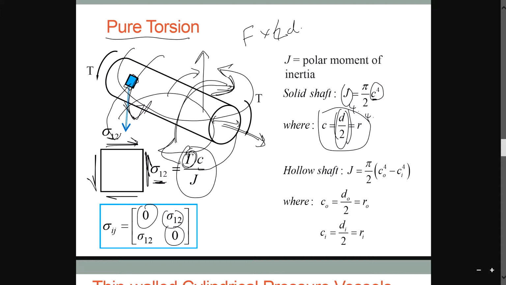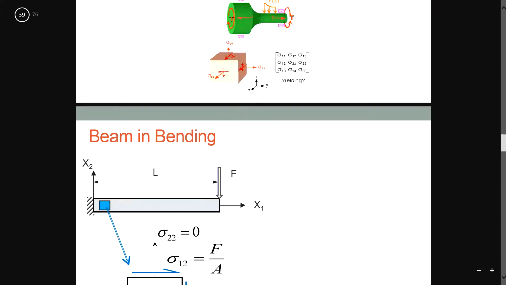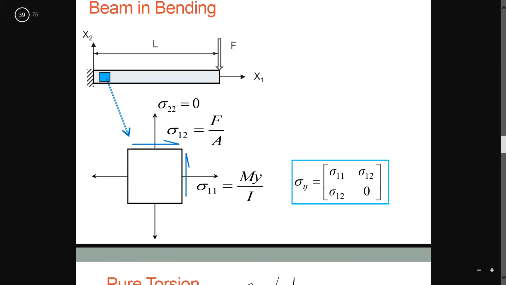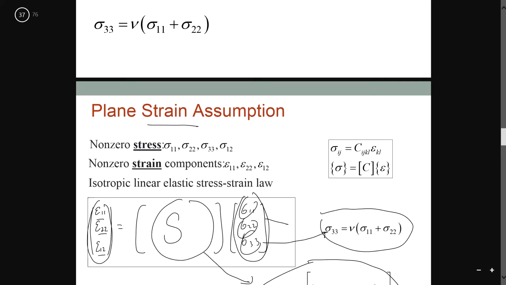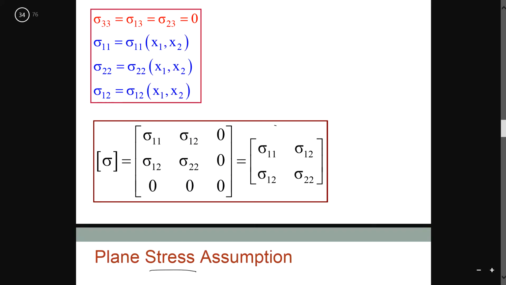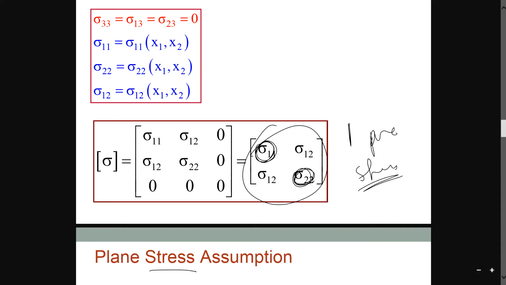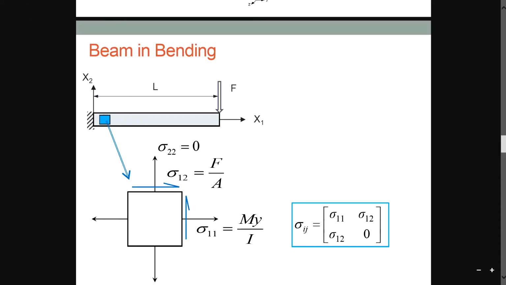Further reducing what we have done in the previous stress-strain stuff, that is the 2 by 2 stuff. If you remember, the 2 by 2, for example, you can actually reduce it to only one stress for pure torsion. You can reduce a beam in bending from its 2 by 2 matrix to 2 stresses.